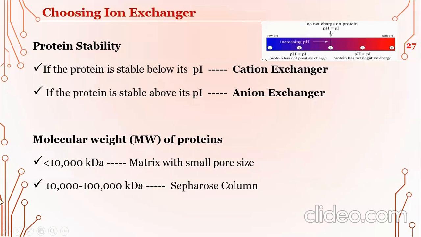If the size is 10,000 to 100,000, then use the Sephadex column, instead of the other matrices that can be used for the separation. So the molecular weight and the protein stability, these two things we need to consider before selecting ion exchangers. Am I clear?